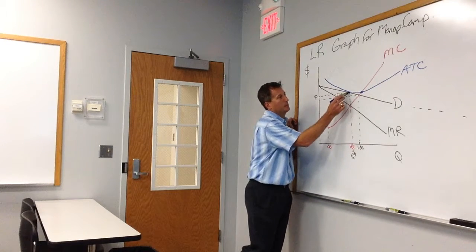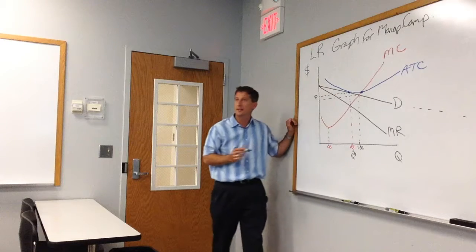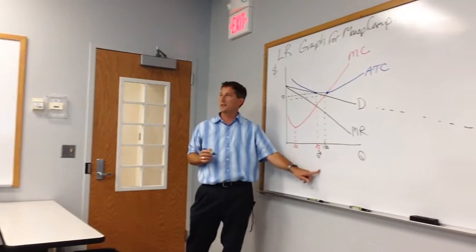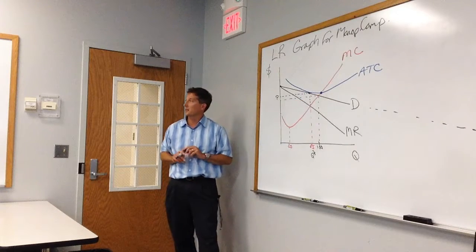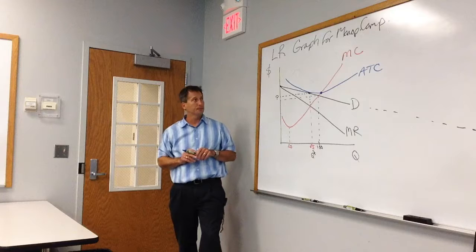So now we've got two points here where it's just kissing the demand curve at the profit maximizing point, and then it still bottoms out where it intersects the marginal cost curve.